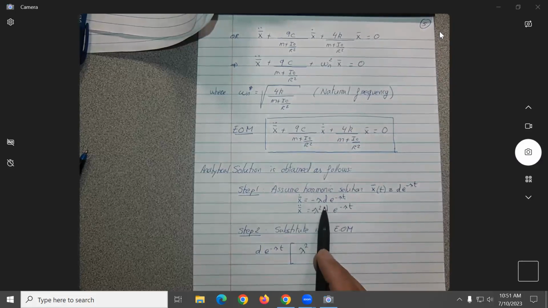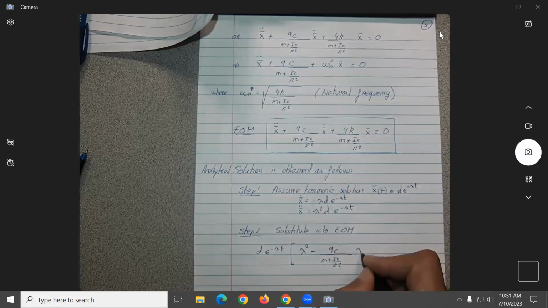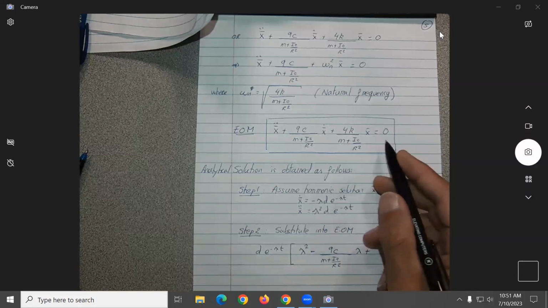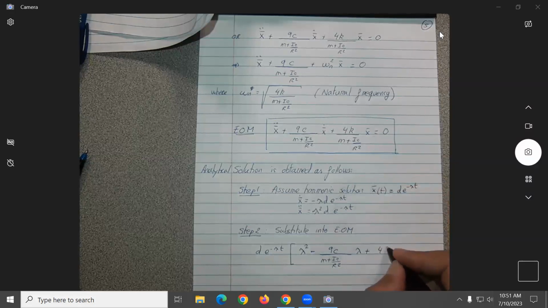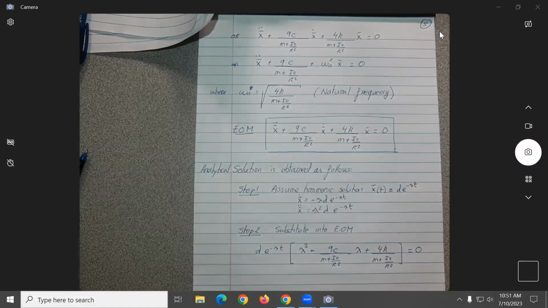And now the dot term will have minus 9c divided by m plus r sub naught over r squared lambda, plus this one here that basically remains unchanged, plus 4k over m plus r sub naught over r squared, equal to 0.